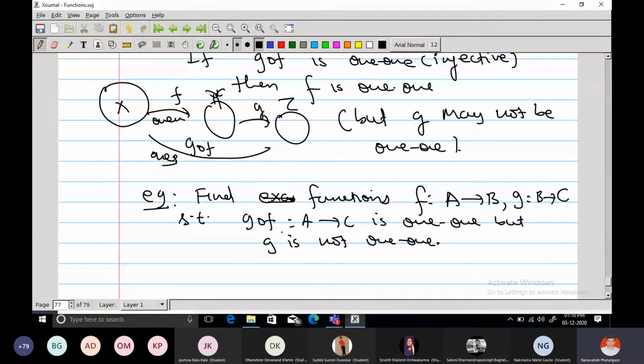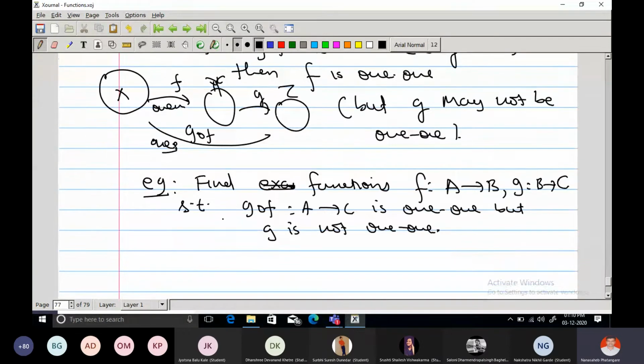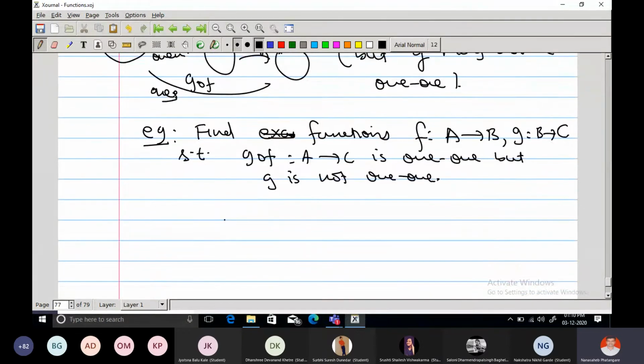And here f has to be 1-1, no choice. If the composition is 1-1, f has to be 1-1, no alternative choice, but g may not be. So can you produce such an example?